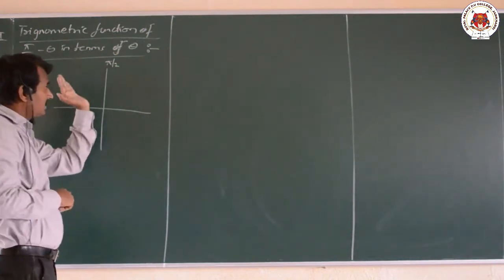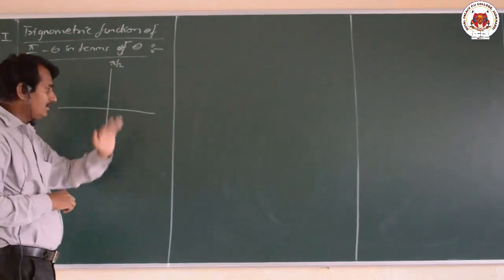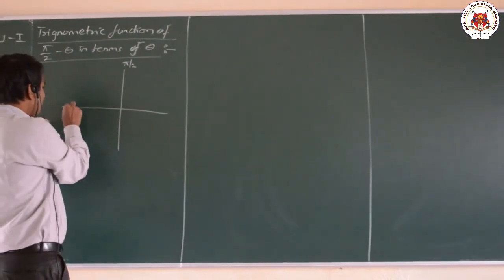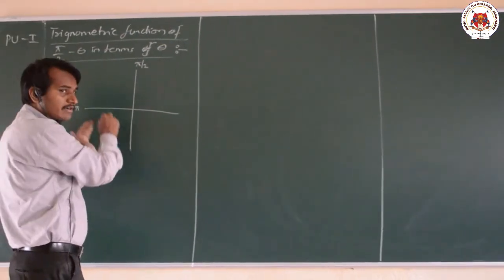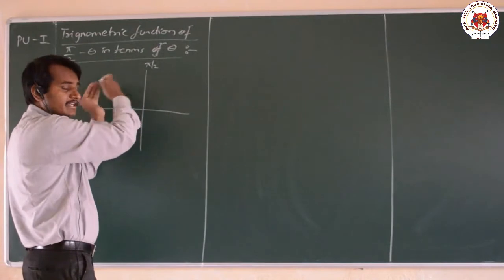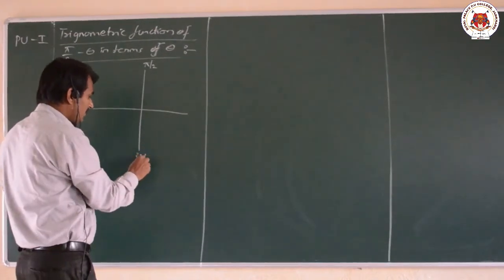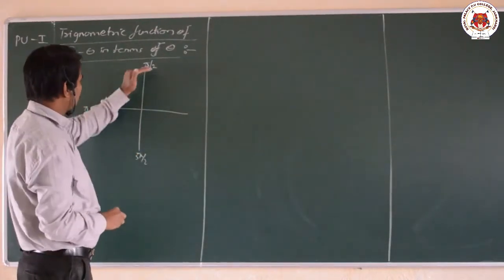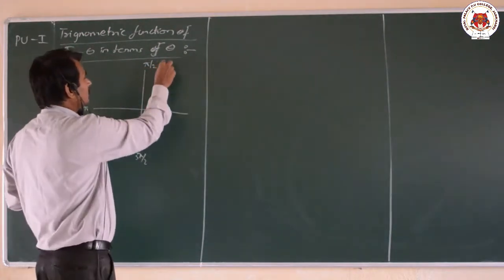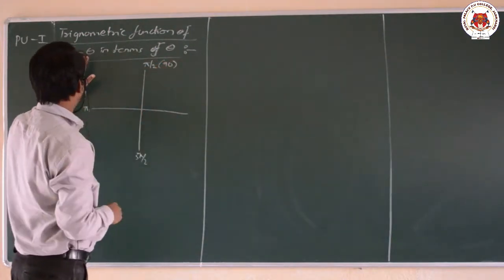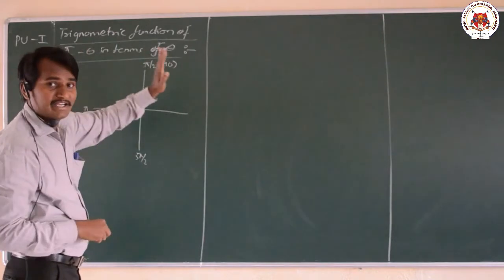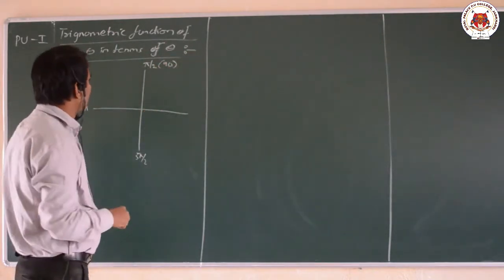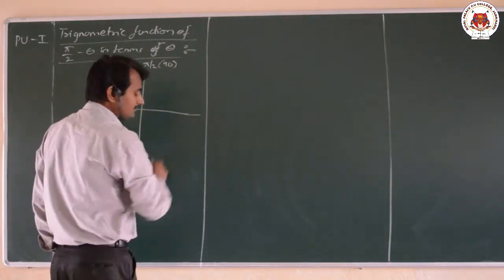Pi by 2 plus theta means it comes in the second quadrant. Pi plus theta comes in the third quadrant. Pi minus theta means it comes in the second quadrant. Similarly, 3 pi by 2. Pi by 2 you can also call 90, so I can call it pi by 2 minus theta or 90 minus theta in terms of degrees. Now, let us start with the problem here.